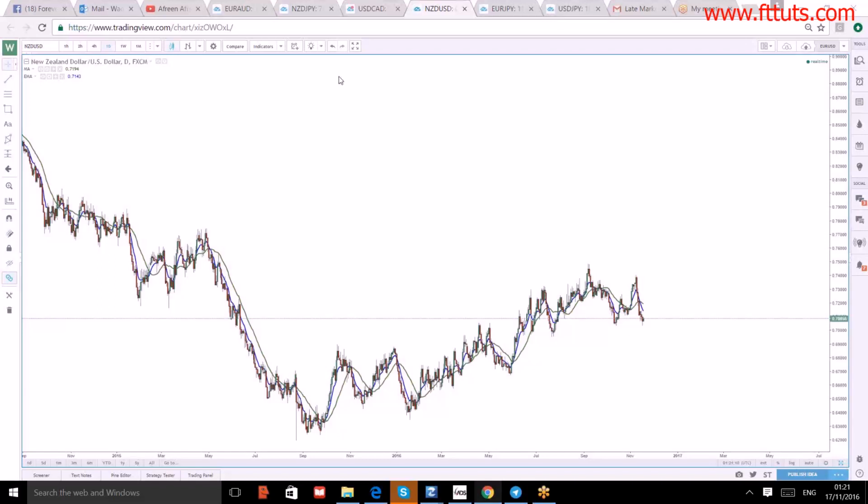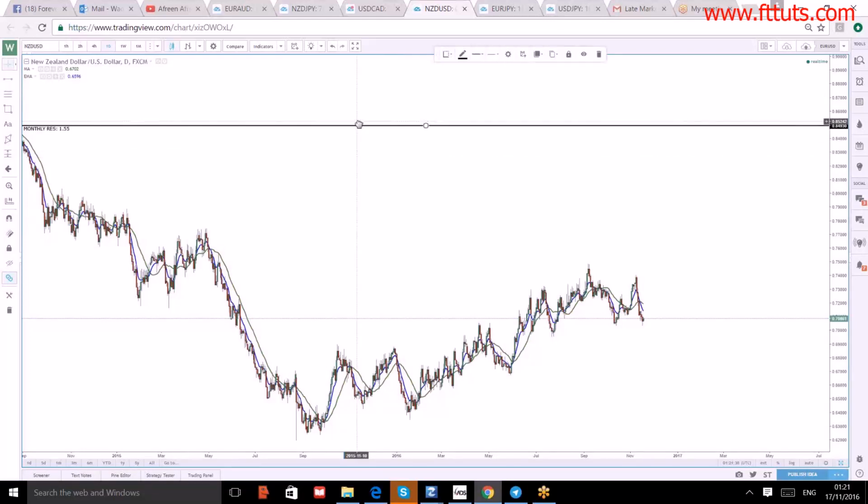Now, horizontal support and resistance. Can somebody tell me what horizontal support and resistance looks like? It looks like this. So this is a horizontal support or resistance.